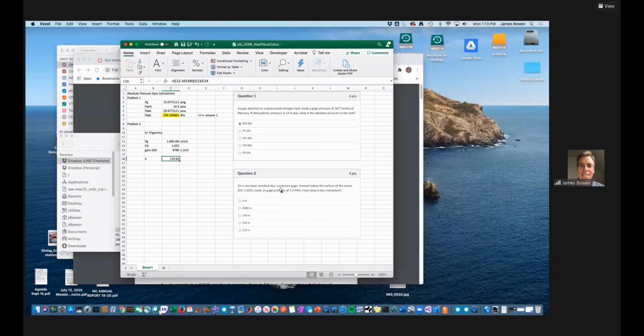The reason you don't subtract atmospheric pressure is it says that the pressure meter reads a gauge pressure of 1.4 megapascals. Okay, yeah, that was my problem.